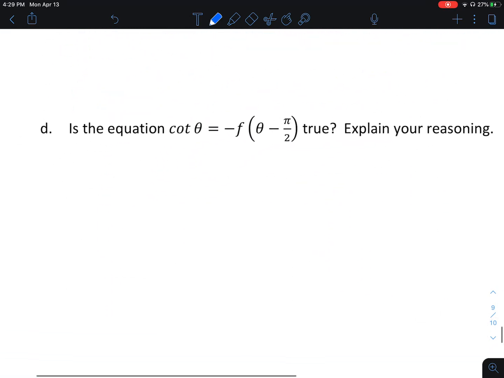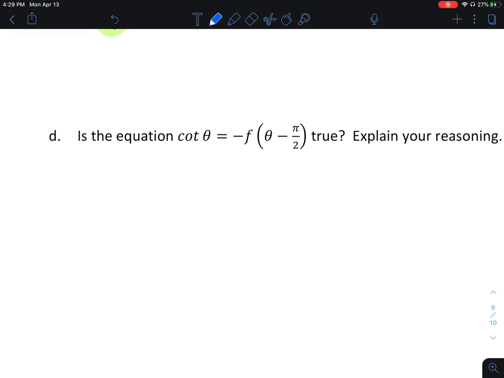It sure is. So we would say that it's true. So cotangent of theta is equal to negative f of theta minus pi over 2 is true.